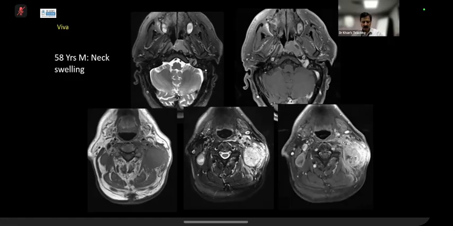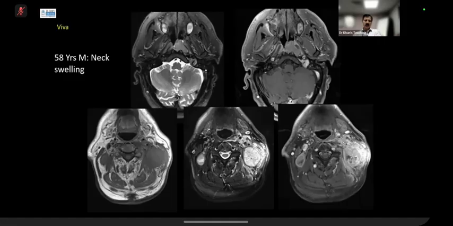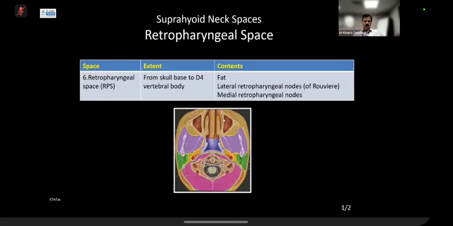And these are malignant looking lymph nodes. Where is the primary? This is the question for you. Left nasopharyngeal. Excellent. So you can see that this is the primary, which is the nasopharyngeal carcinoma, and it's a known site of hidden tumors.